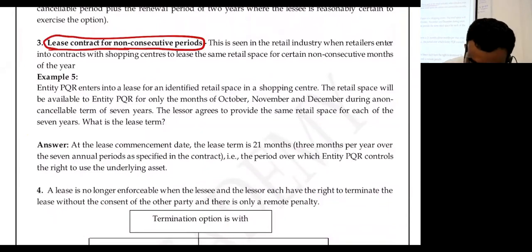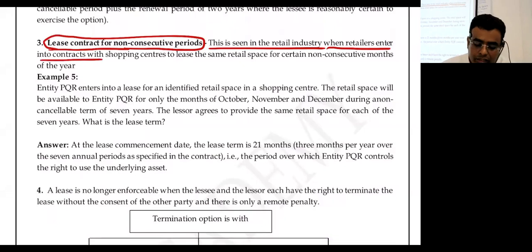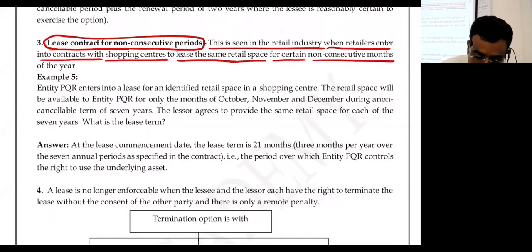This is seen in the retail industry when retailer enter into a contract with a shopping center to lease the same retail space for certain non-consecutive month of the year. Occasionally.